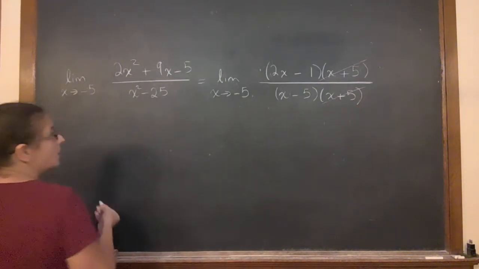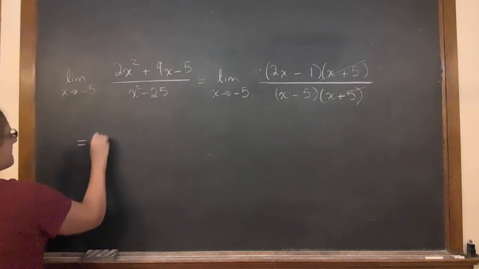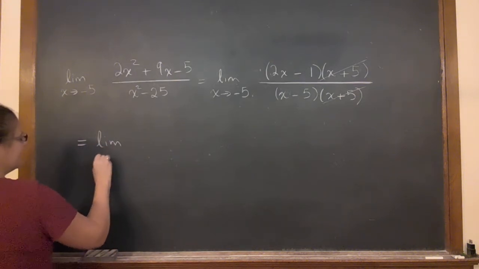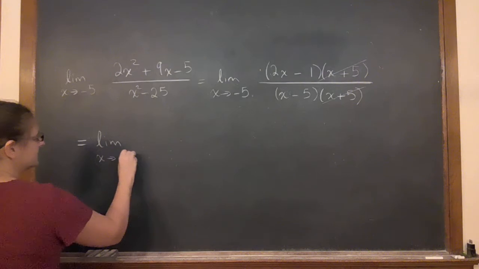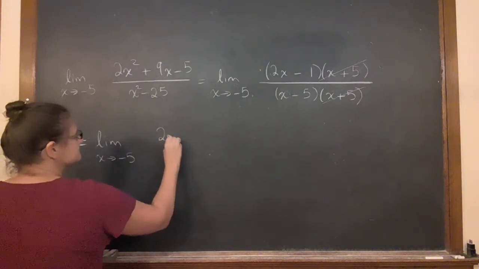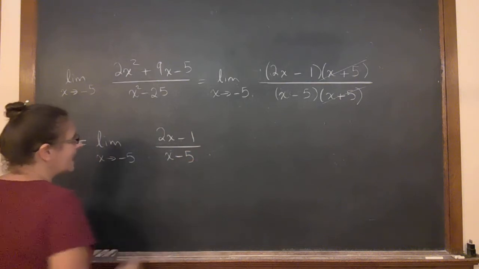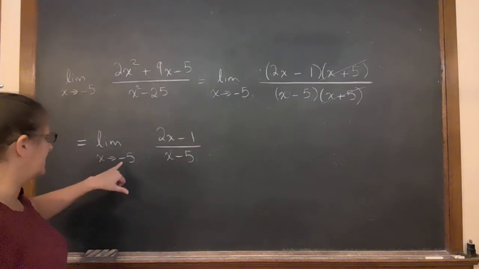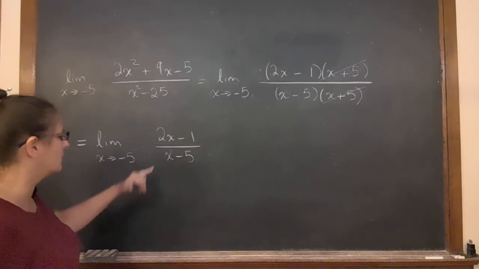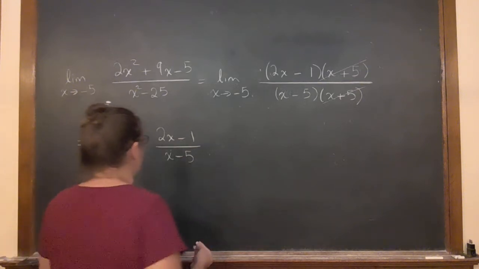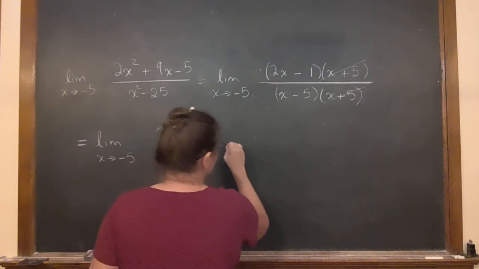Now I no longer have something that turns out to be 0 over 0. I have something that I can plug the number into, because negative 5 is fine here. I'm not getting 0 in the denominator. Negative 5 is definitely in the domain.